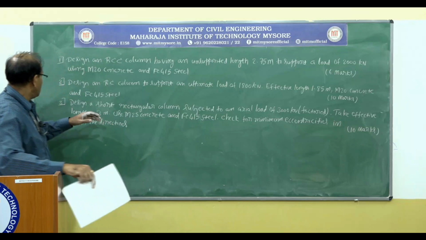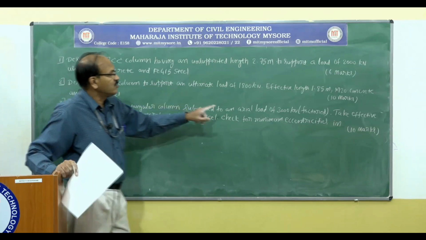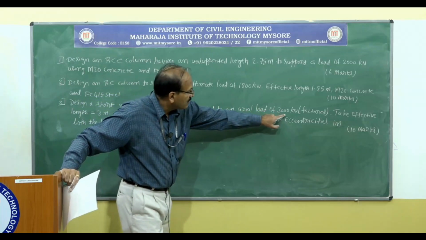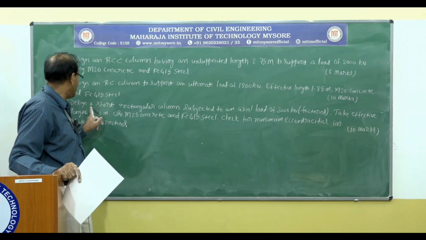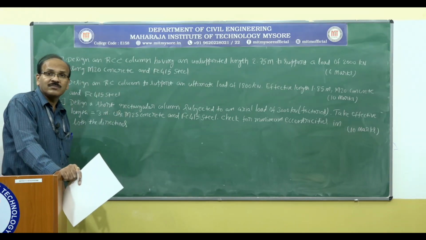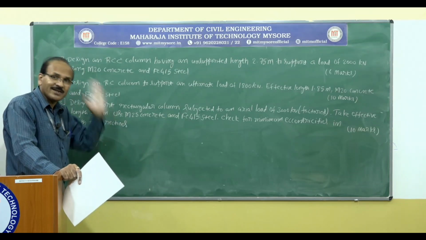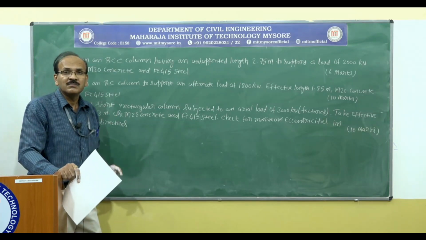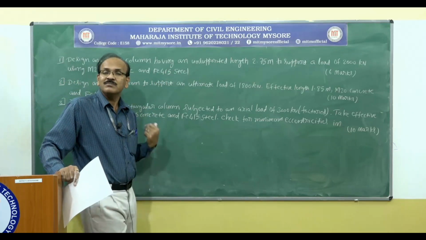So let us go through this problem. Design a short rectangular column subjected to an axial load of 3000 kilonewton. The problem is given already. It is a short rectangular column, so you don't have to check the LE by D ratio here.